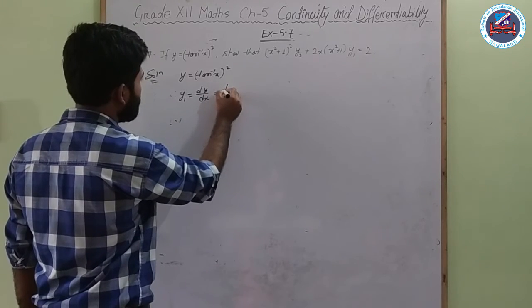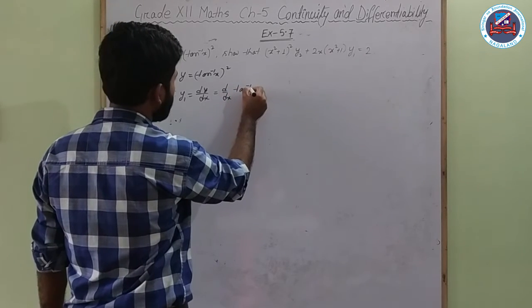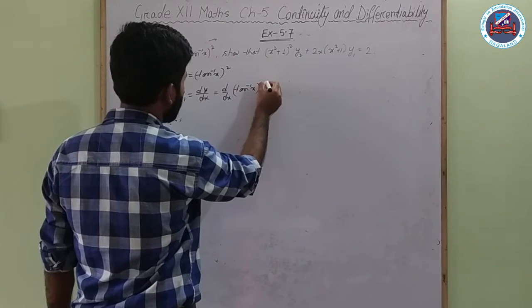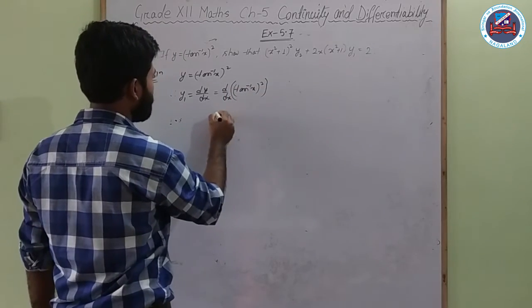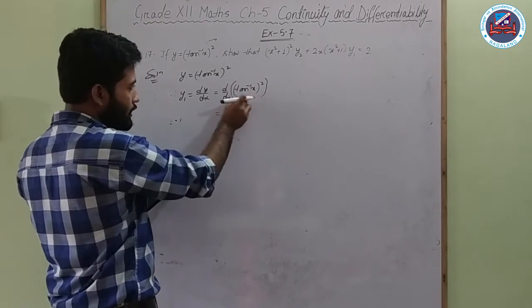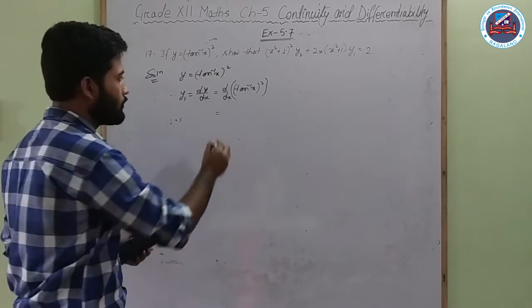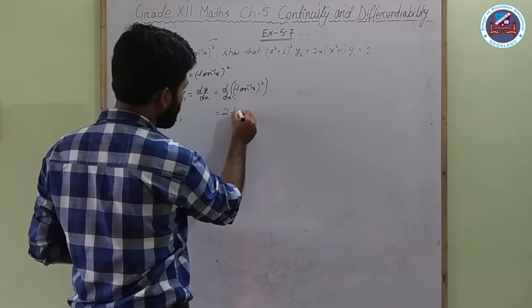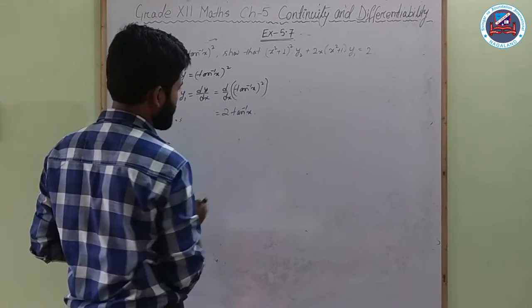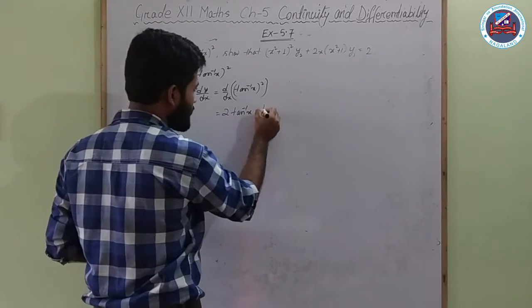So that will be equal to d/dx of tan inverse x whole square. Consider this tan inverse x as the x. So what is d/dx of x squared? D/dx of x squared is twice x. So in our case it will be twice tan inverse x. Now this tan inverse x is not the x, so we need to differentiate it again.